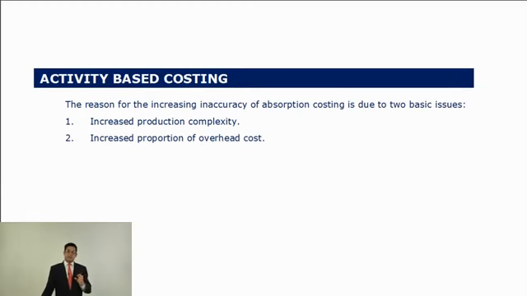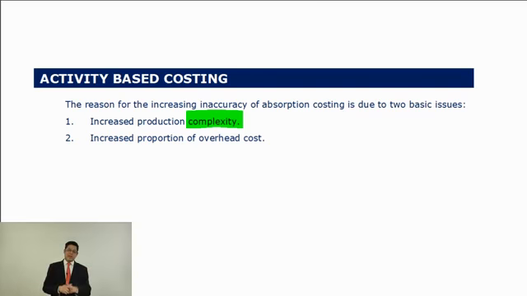Activity-based costing started when we felt there was a higher level of production complexity in the manufacturing process, meaning some of the production jobs are done by human labor hours, some by machine hours, some by robotics technology, and some jobs are even outsourced.